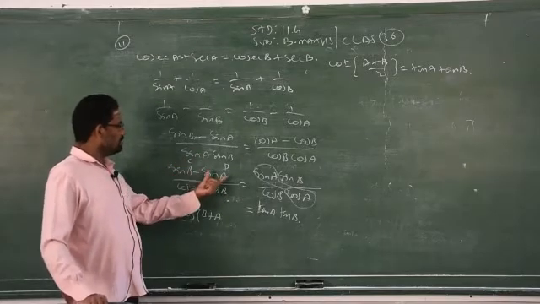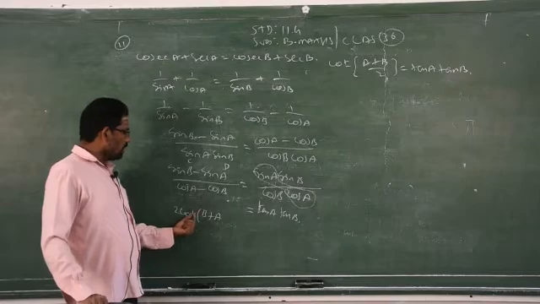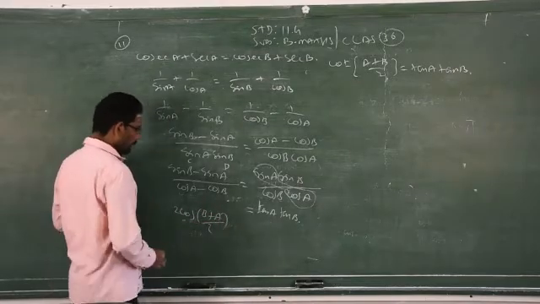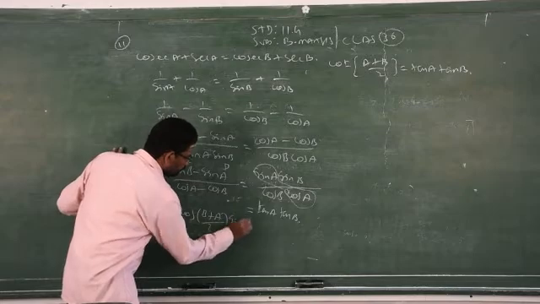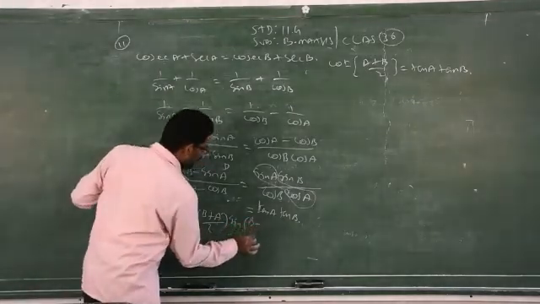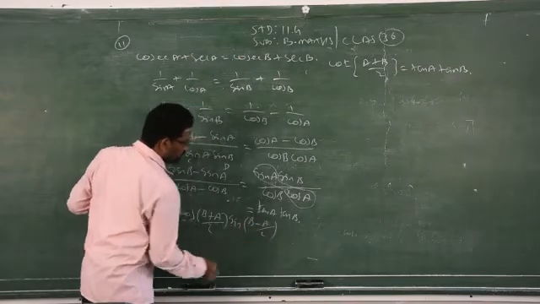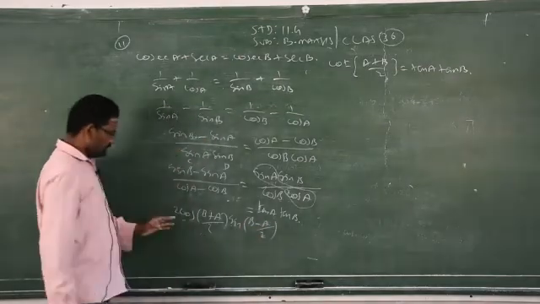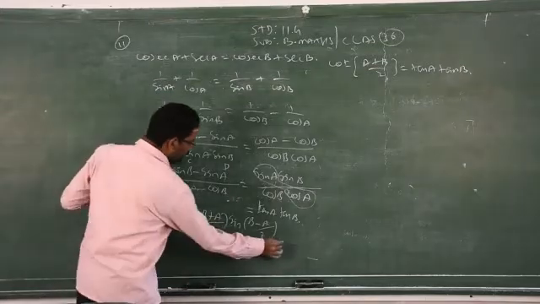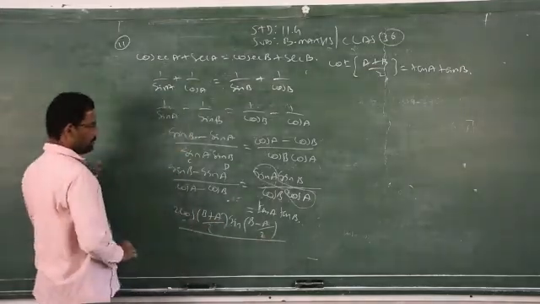Sin C minus sin D formula is 2 cos of C plus D by 2 into sin of C minus D by 2, here sin of B minus A by 2. This is a very important formula. Normally we use it so many times in so many problems, so please memorize it.